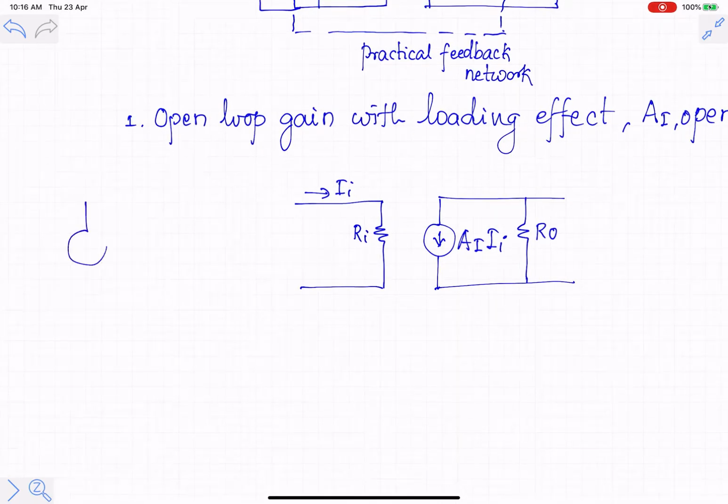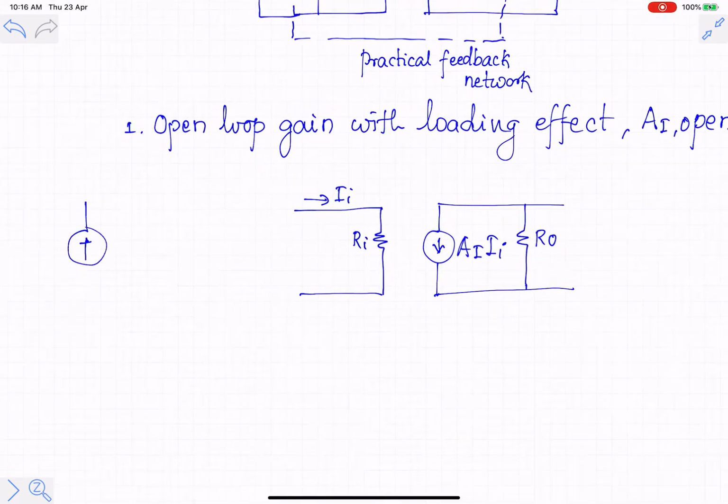We have the current source Is and its source resistance Rs.